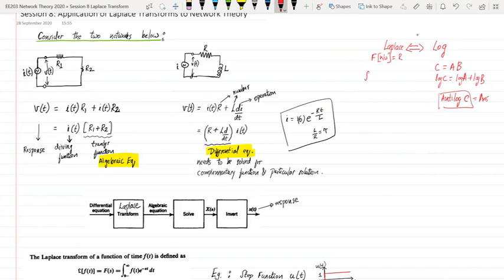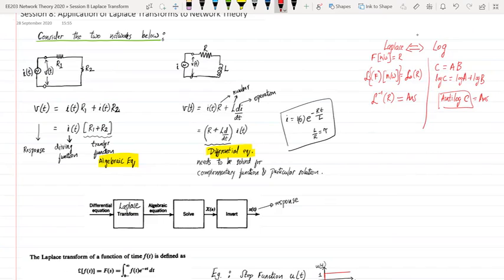So I take the Laplace transform, given by the symbol, of the forcing function acting on the network function, and that gives me the Laplace transform of the response. Okay. So this Laplace transform acts on this whole thing. And once I found the Laplace transform of the response, I should find the inverse Laplace transform of the response and get back the answer.